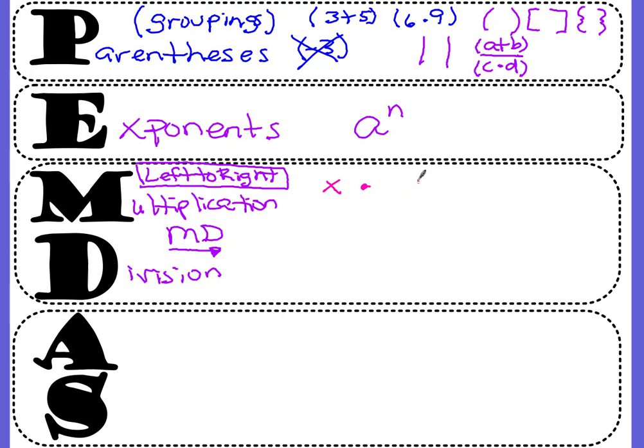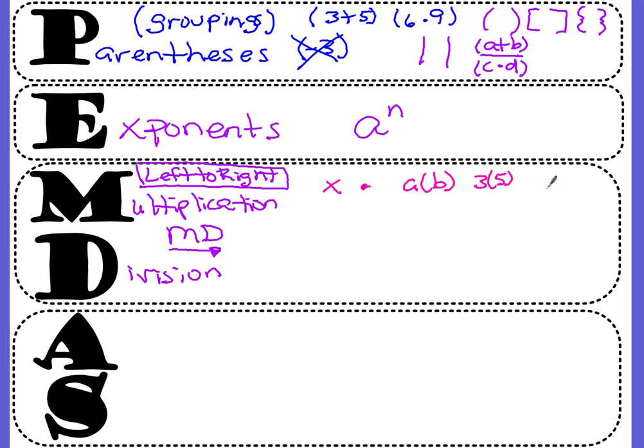You're also going to see this. You might see a number or letter touching the parentheses, outside of the parentheses, with another number or letter inside. It could be like that, it could be like this. When they're touching and there's no operation symbol in between them, that means it's multiplication. This is A times B, 3 times 5.